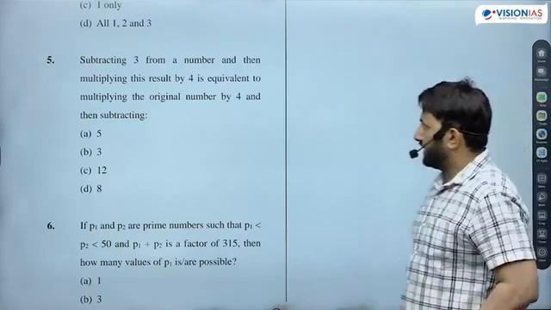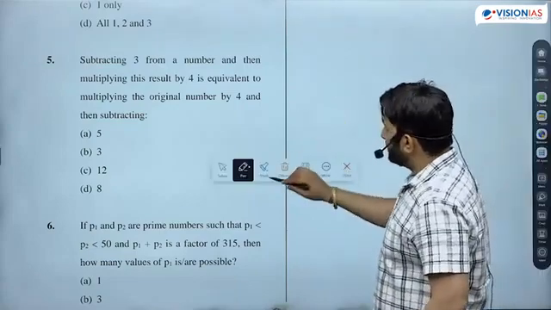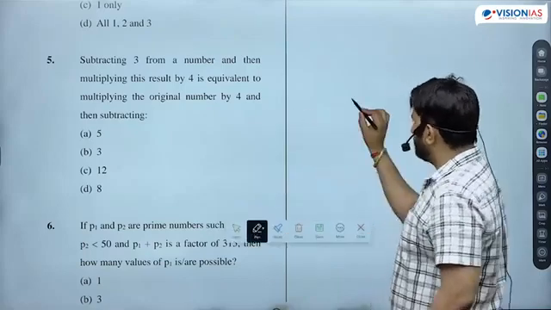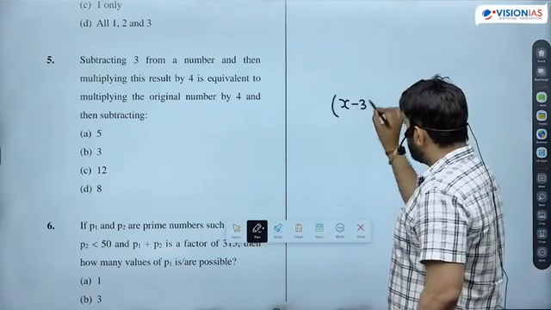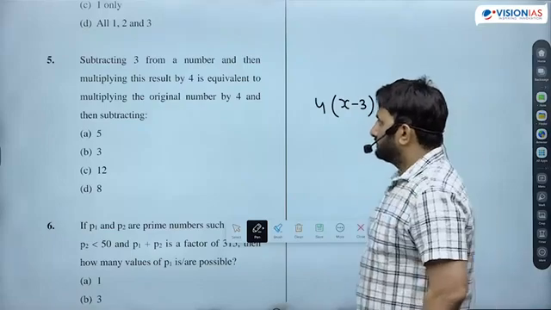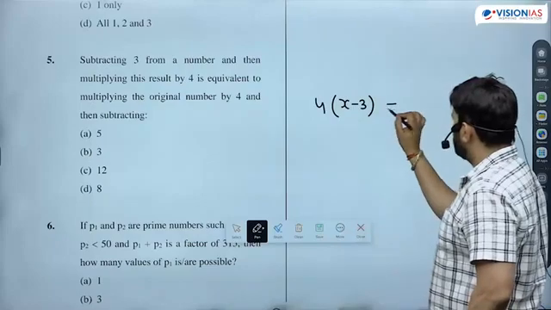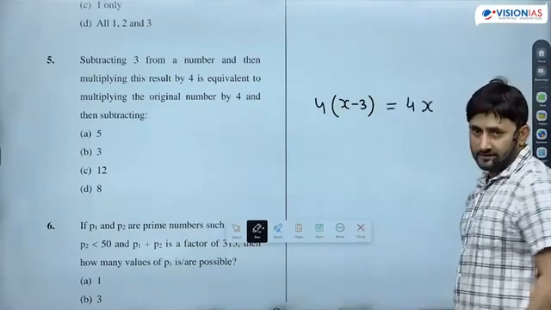Let there be a number x. Subtracting 3 from a number and then multiplying this result by 4. So x minus 3, this is multiplied by 4. Then this is equal to 4 times the original number. Original number is x.